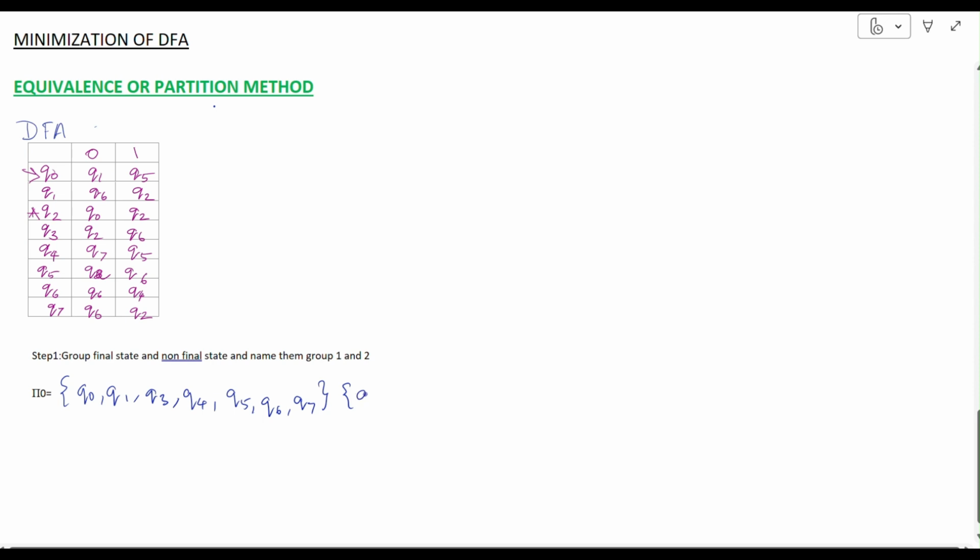Here the final state is q2. It is marked with the asterisk symbol. So it is now separated into two groups. Let us name this as group 1 and this as group 2.